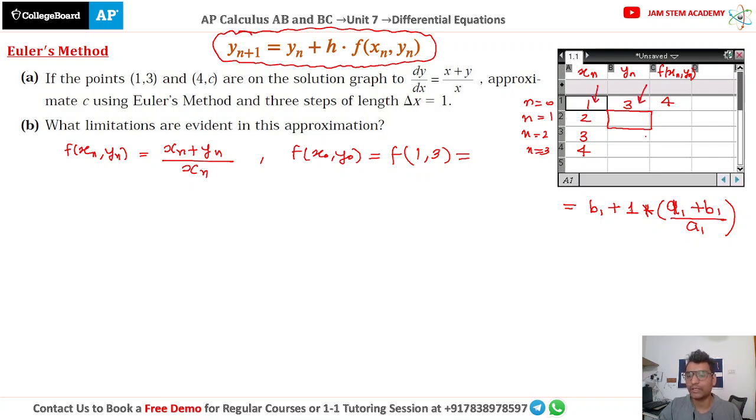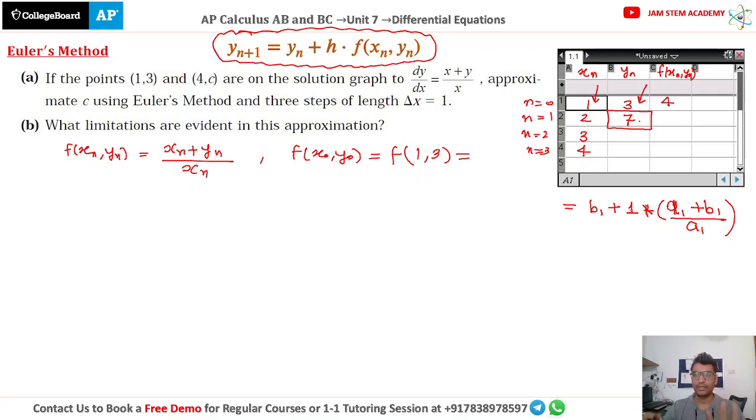This cell is for b1. So a1 plus b1 divided by a1. Once you enter this, you will get the value over here, means the y1 basically. Y1 comes out as 7 once you solve it.